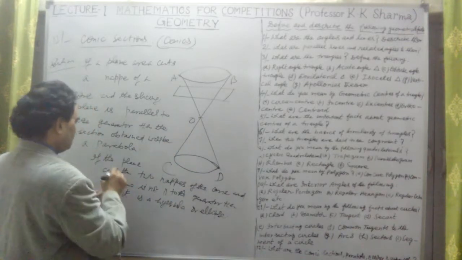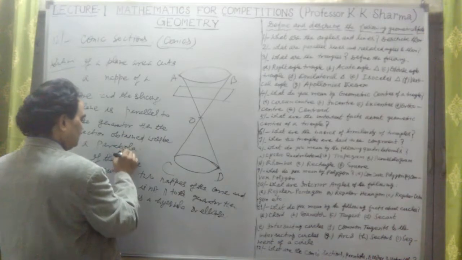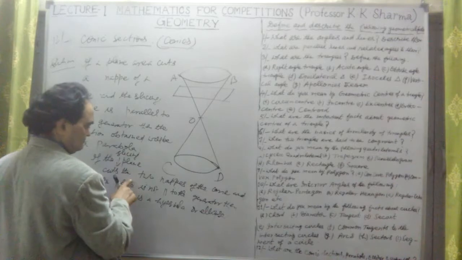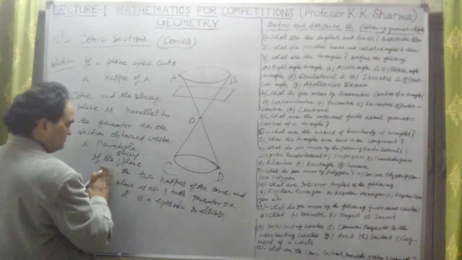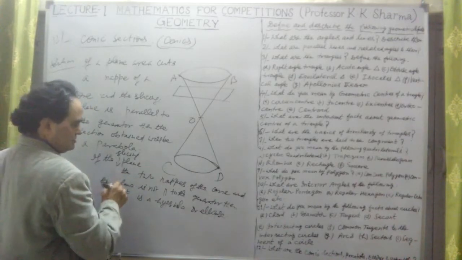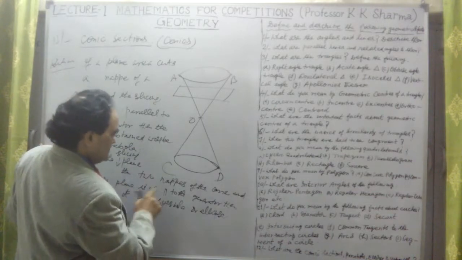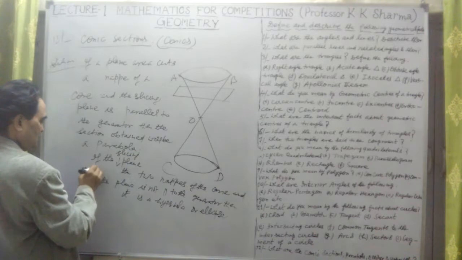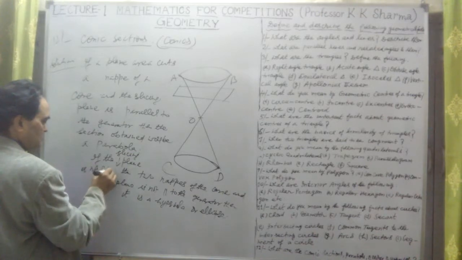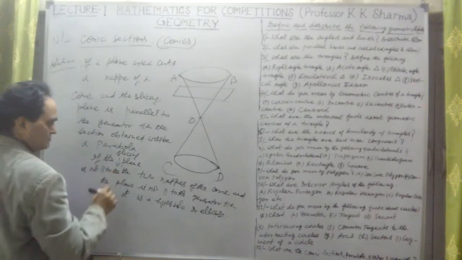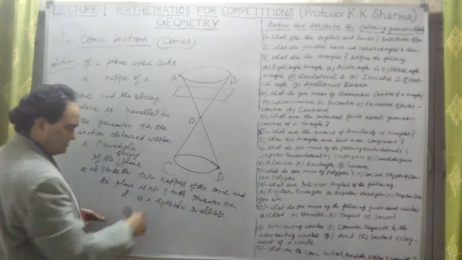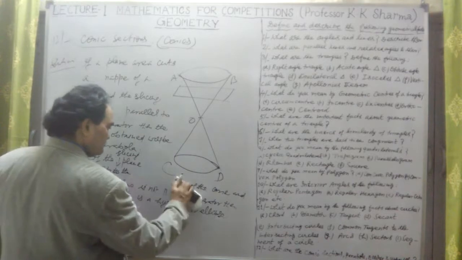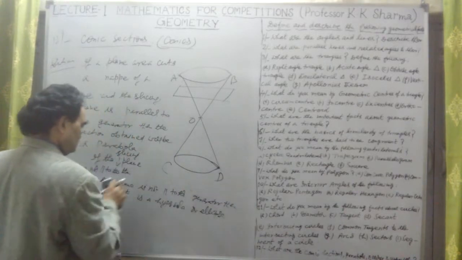And if the slicing plane, let me write here, is not parallel to the generator. Not parallel to the generator. That I have written down here. Now if it cuts the two nappes, that is another point.